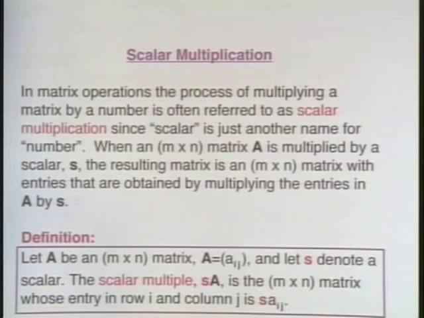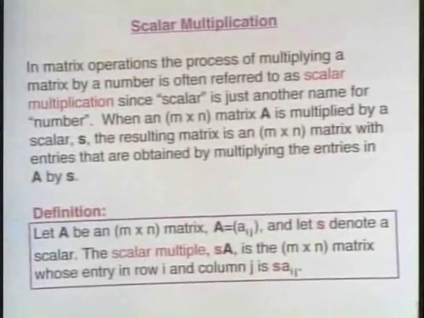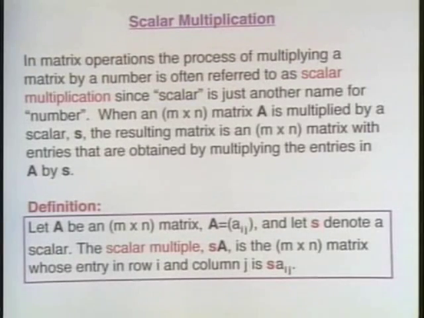Formally, the definition of scalar multiplication is: let A be an m by n matrix, and let s denote a scalar. The scalar multiple s times A is the m by n matrix whose entry in row i and column j is s times a sub ij. The following example illustrates this process.